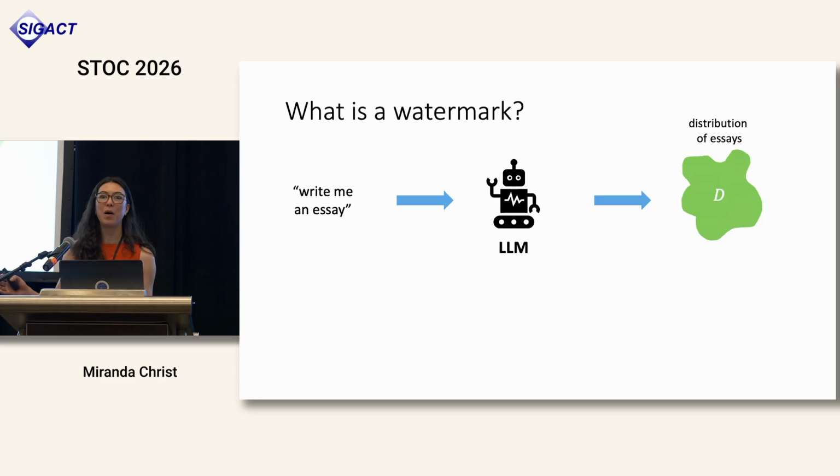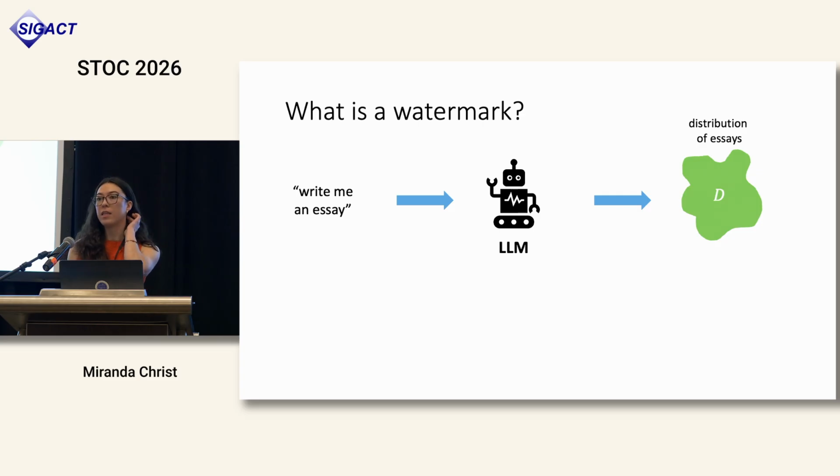Okay, so now I'll move into showing you what a watermark is and some ideas behind building them. At a very high level, a watermark modifies an LLM. You can think of an LLM as a randomized algorithm that takes some prompt, say, write me an essay, and samples something from a very large distribution of essays.